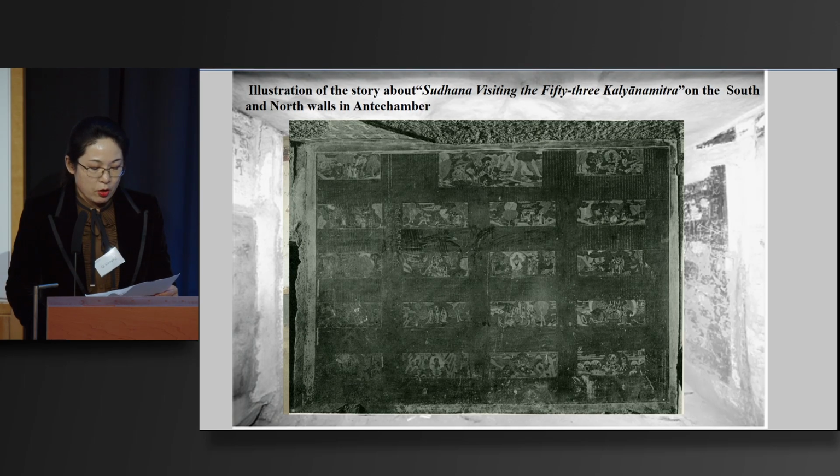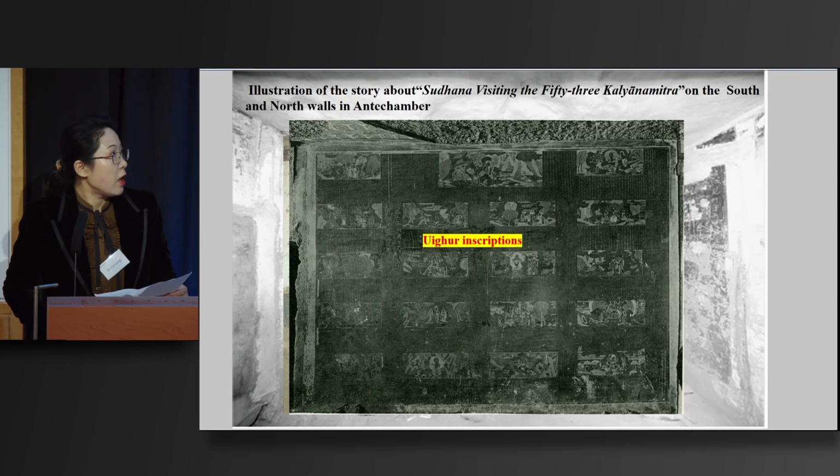Although the sequence of these 39 storylines remaining in this cave was not strictly based on the order of the sutra text, it doesn't disturb us; we still confirm it was a story of this subject. There are lots of Uyghur inscriptions on these two walls.